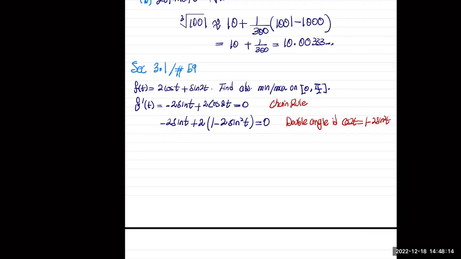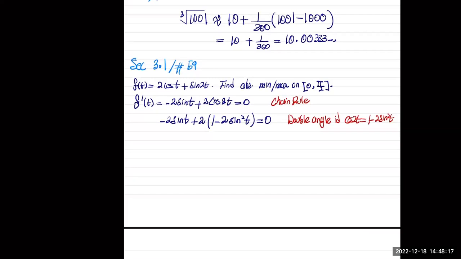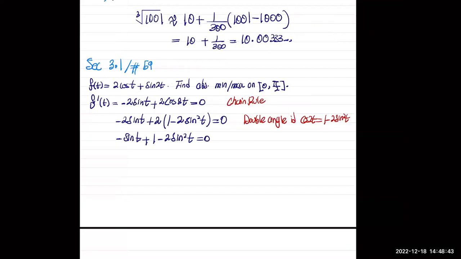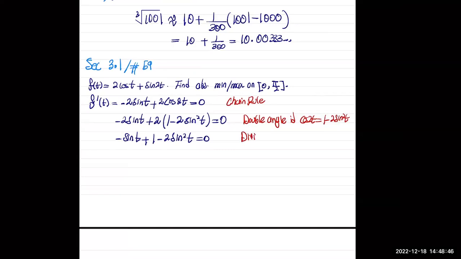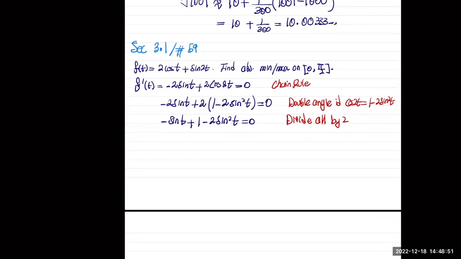So what you can do here, guys, is take this 2 out and just divide it out if you want, or you could keep it. But it's better to shrink the equation if you can. That's just negative sine t plus 1 minus 2 sine square t, all equals 0. So divide all by 2 is what we did to get rid of the 2.